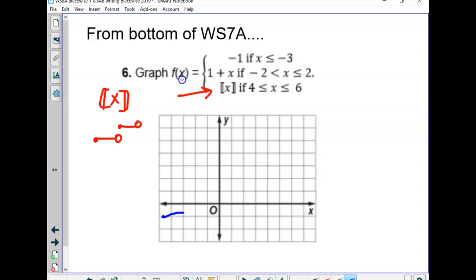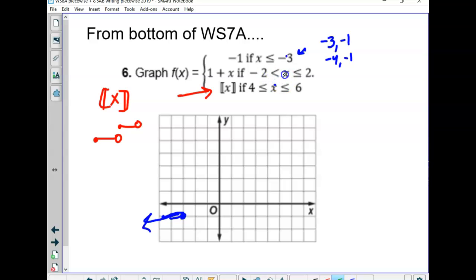I don't know what's happening to my cursor. Okay, at -3 up here, I get out a -1, and then at -4, I'm still at -1. So -3, -1, and then it stays at -1. Okay, I can't draw straight for anything right now.